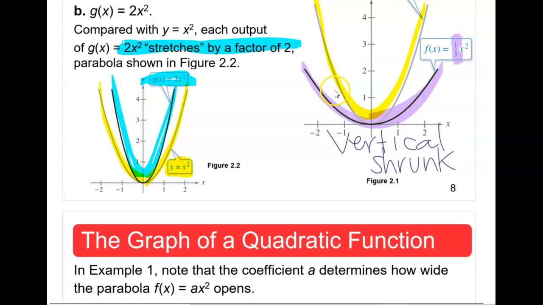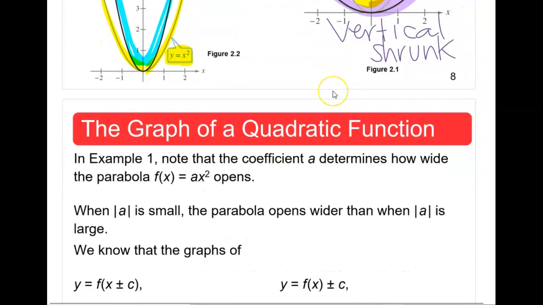You can see here how a was smaller than 1, it's 1/3. So it makes the parabola appear wider because it's also being shrunk vertically. Now, when that value of a is greater than 1, then the parabola will stretch vertically, also making it appear narrower.